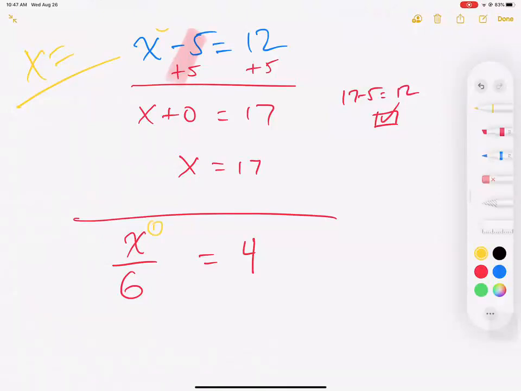Step 2, what number do you want to get rid of? I want to get rid of the 6. Now, what is 6 doing to x? Adding, subtracting, multiplying, or dividing? Since it is written as a fraction, it is dividing. So the opposite operation of dividing is multiplication. Now, I don't want to write times 6 down here.